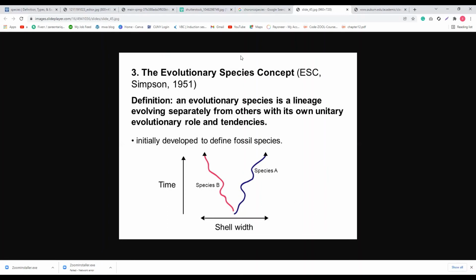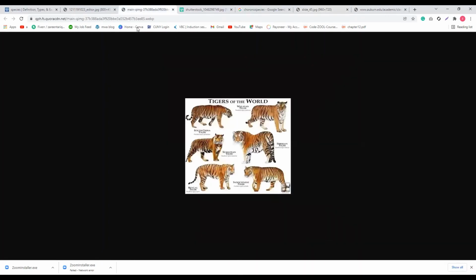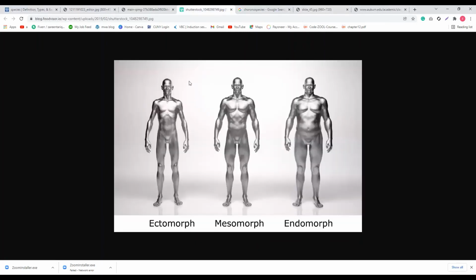You can see this is an example of morphotypes. This body form is quite different from the endomorphic body type. So these are the morphotypes of a single species, of a single population.